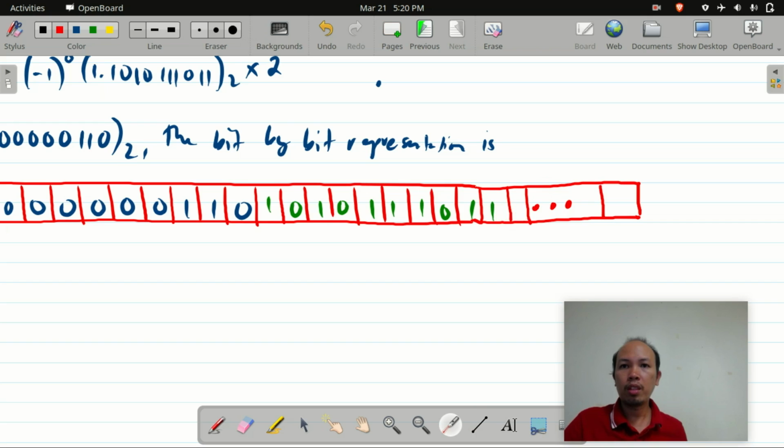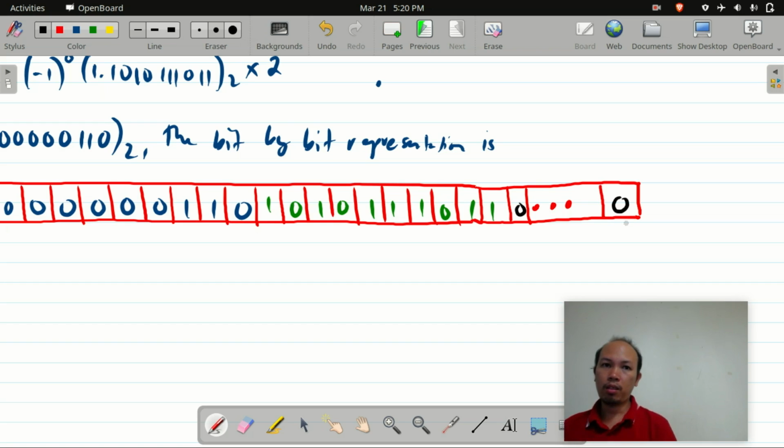As you recall, there are 52, then minus 10 digits, the remaining is 42 zeros. So let's use the black color. We have 0 and so on, up to the last digit is 0.